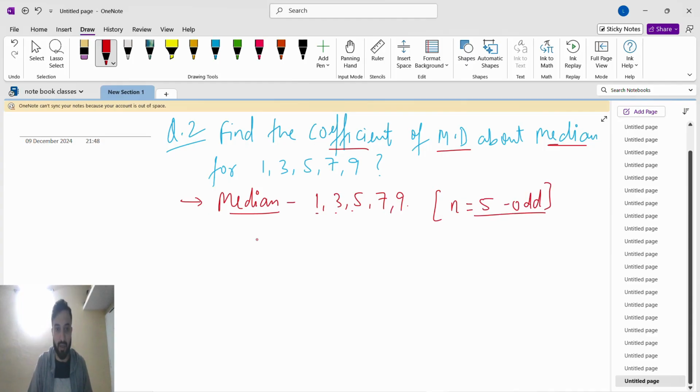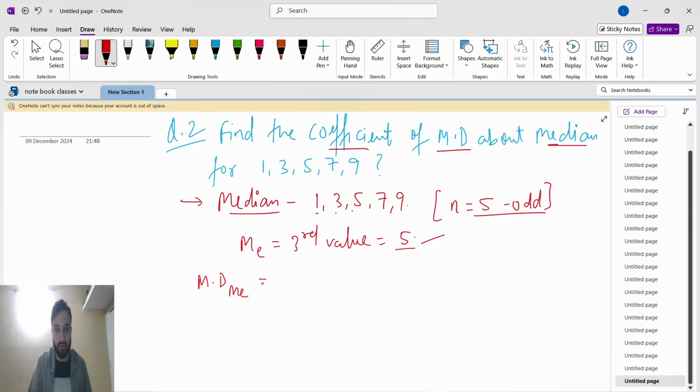For odd, the median is the (n plus 1) by 2 th value. n is 5, 5 plus 1 is 6, 6 by 2 is the third value. The third value is 5. Sorry, the median is 5.